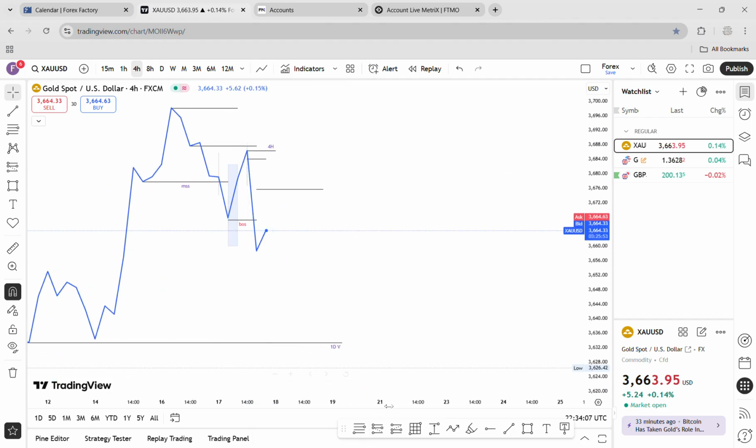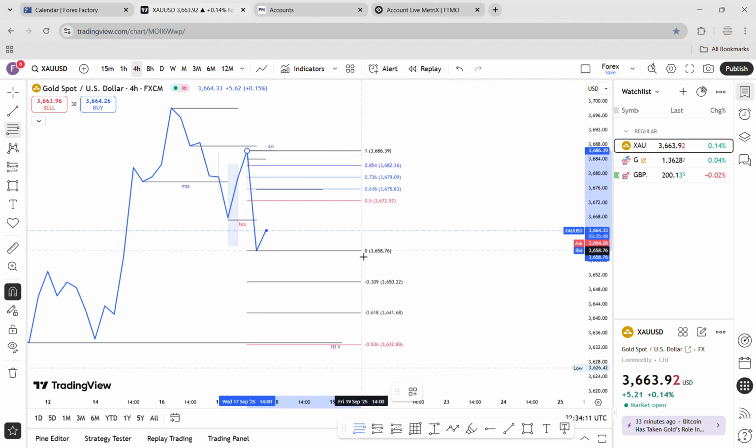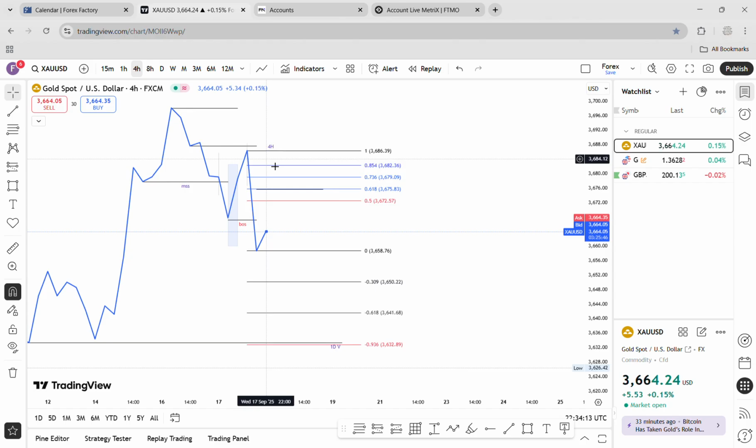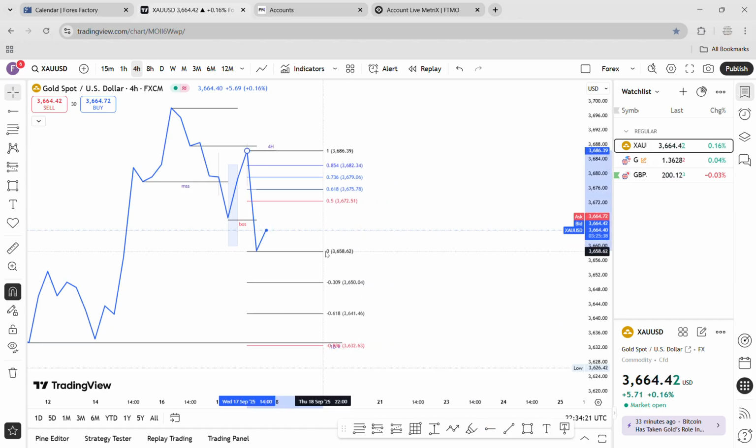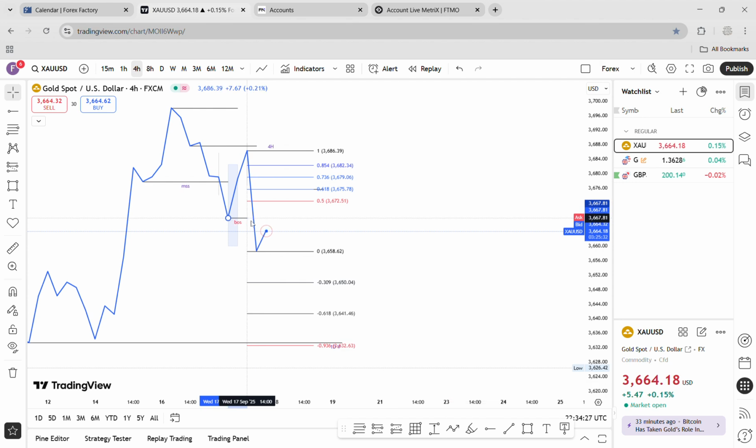If you flip this whole level, we have the 618. If price is just above the 50%, you know you are looking for your opportunity, right? Correct. It's just a break of structure.